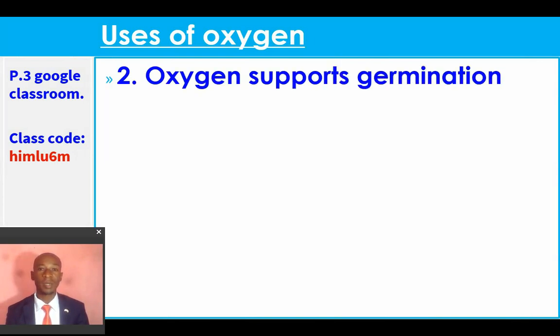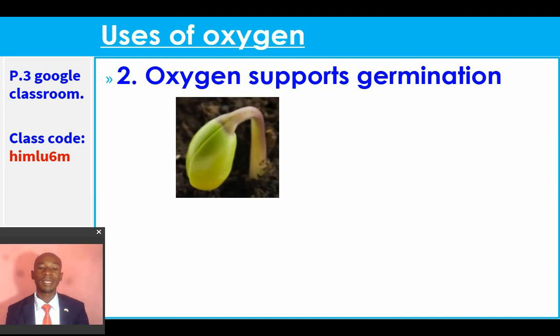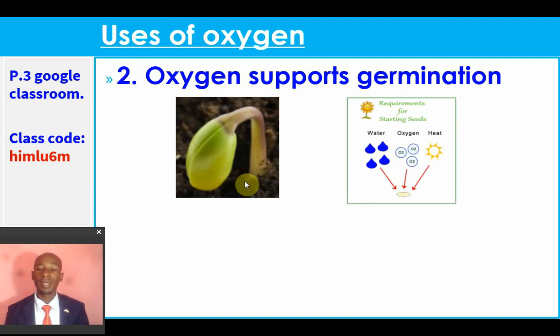And what is germination? Look at a seed when it's put in the soil. It reaches that stage where it starts to develop from a seed to a seedling. A seedling is a young plant. So as you can see, there are conditions necessary for this to take place. And those conditions, there must be water, or at times we use the word moisture.